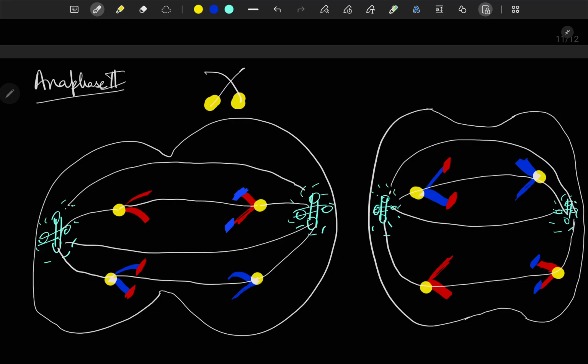Earlier, we know the chromosome got broken like this, at this point. But now, in anaphase 2, the chromosome breaks apart from the middle at the centromere location.